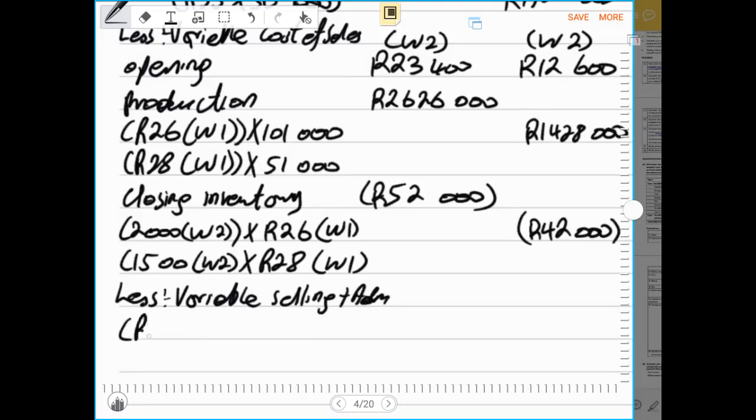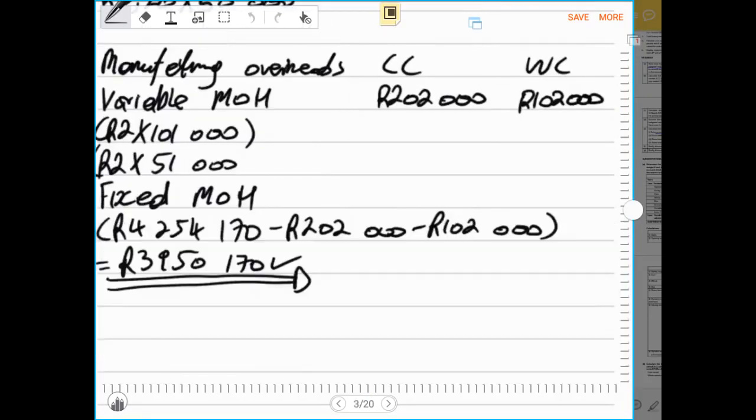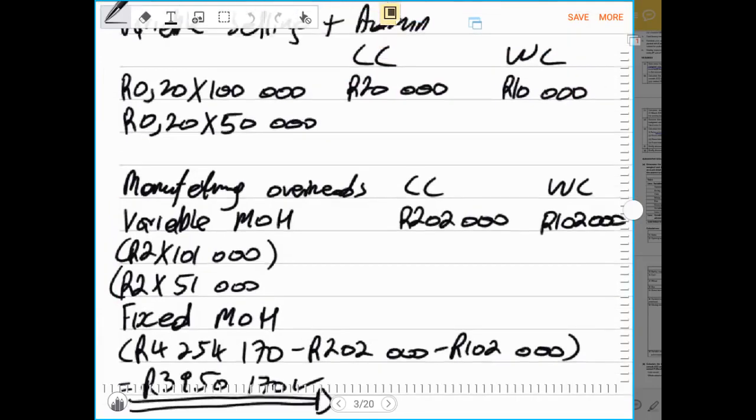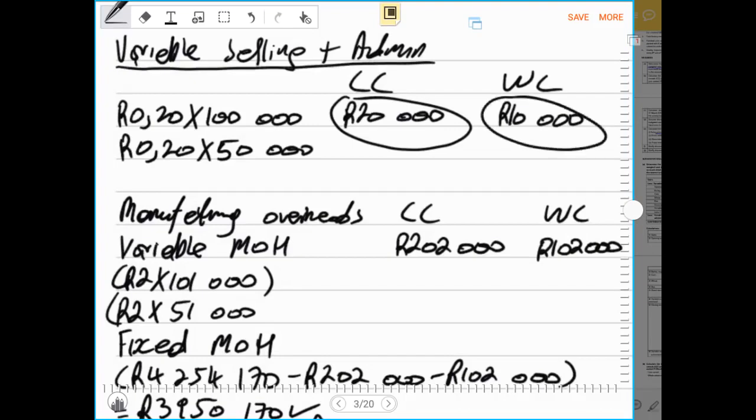My variable selling and admin cost, I think it was 20,000 and 30,000 rands. If you still remember that, it was 20,000 and 10,000, not 30,000. It was 20,000 and 10,000. And I did some calculations of that 20,000 and 10,000, if my memory still serves me. Yes, this is the 20,000 of the variable selling plus admin and the 10,000 for the two products.